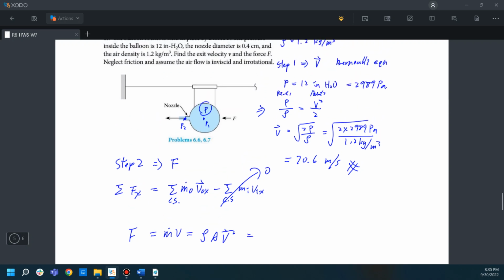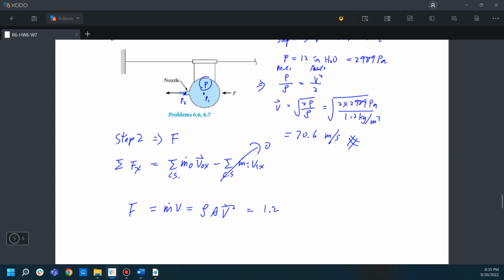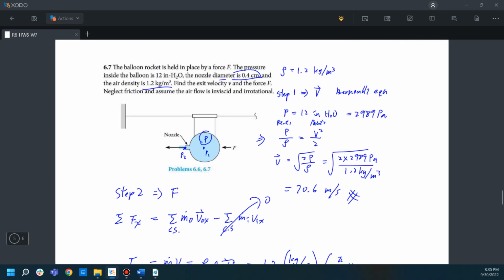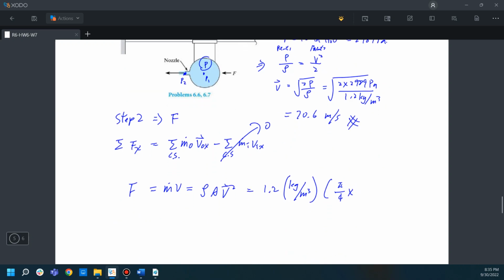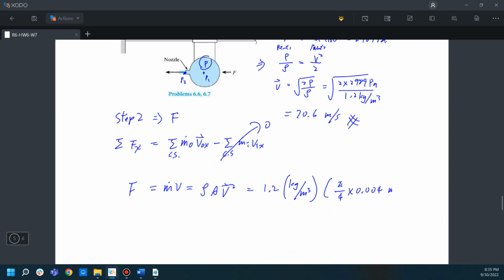The rho is 1.2 kg per cubic meter, times the area, pi over 4 times the diameter 0.4 centimeter, that is 0.004 meter, squared, times 70.6, the velocity which we got from here.